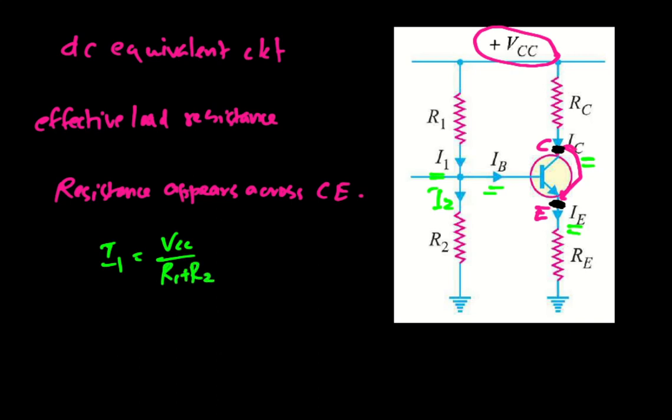and this IC we can get from the expression VCC is equal to ICRC plus VCE plus IERE.